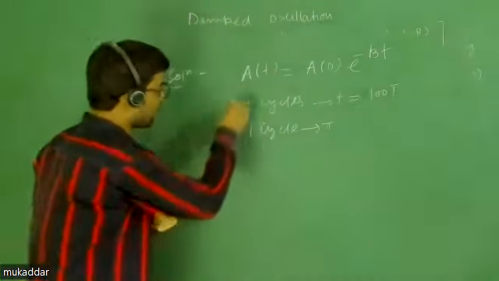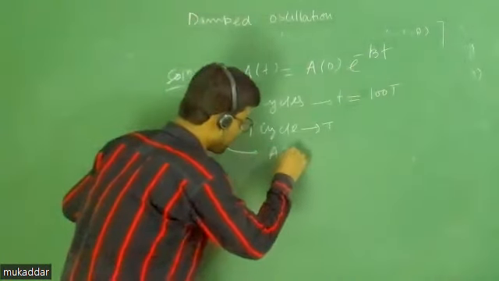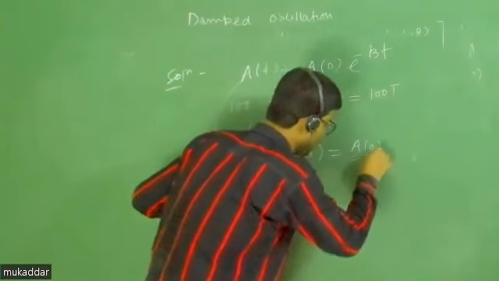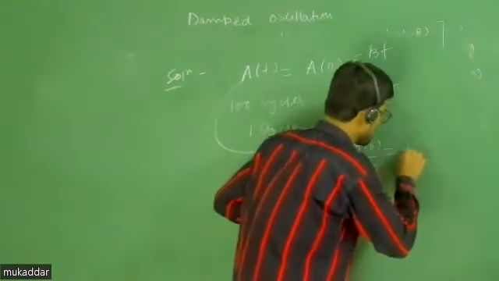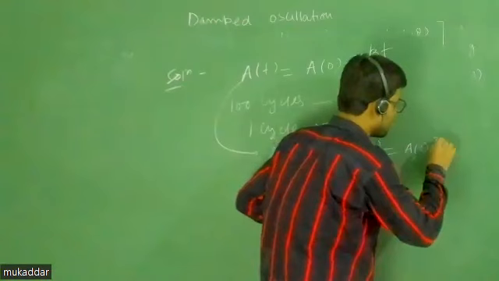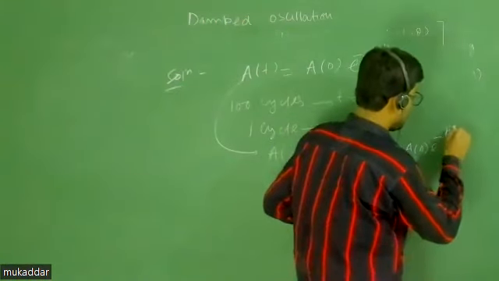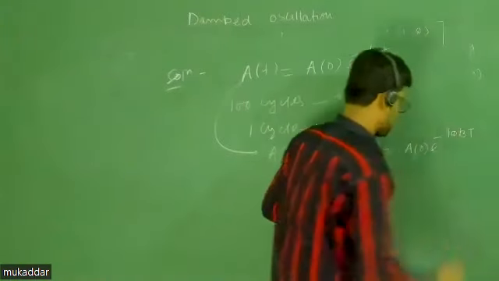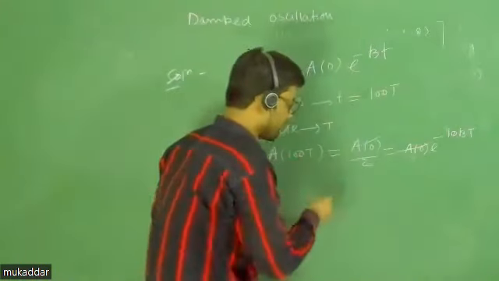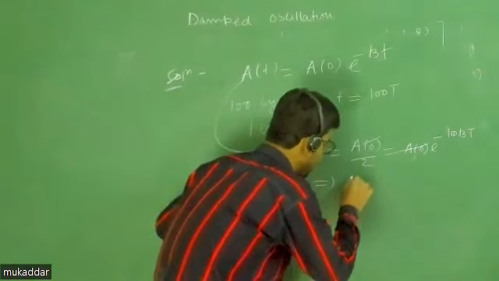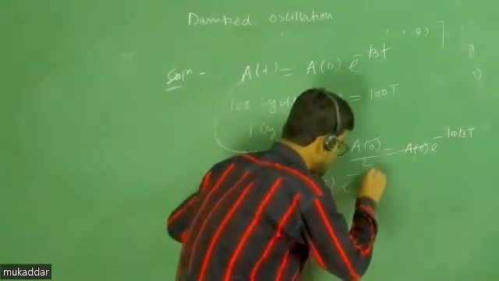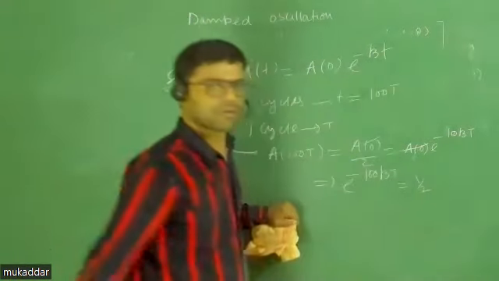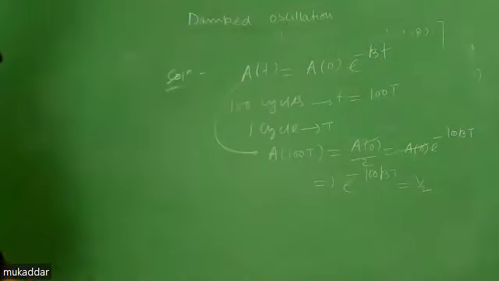I can write that A of 100T will be A naught by 2, which equals A naught e to the power minus beta into 100T. यहाँ से A naught कैंसिल हो जाएगा. इसका मतलब आपको पता चल गया कि e to the power minus 100 beta T is nothing but half.